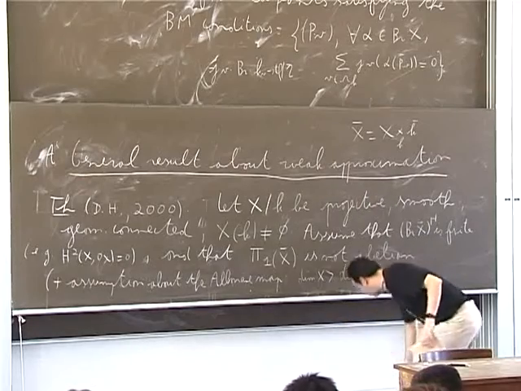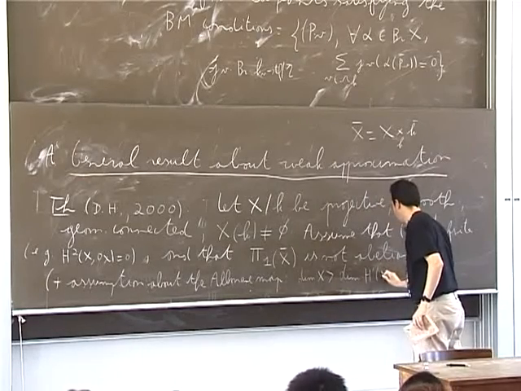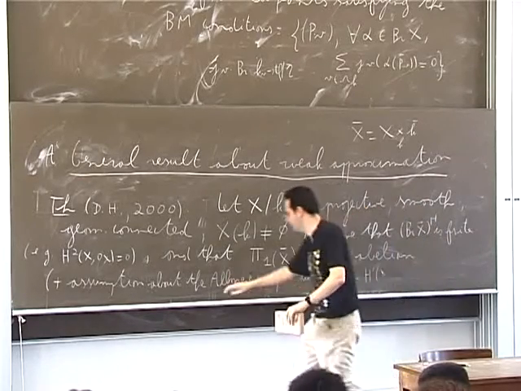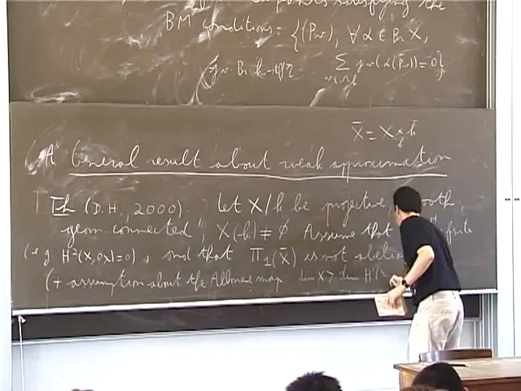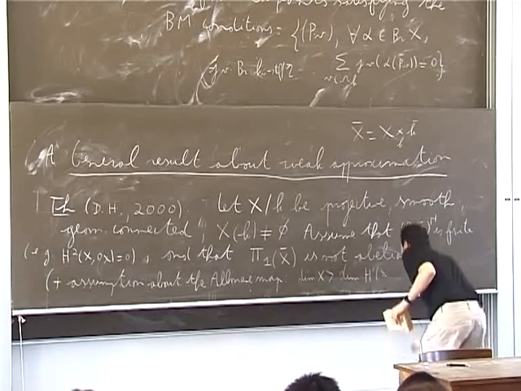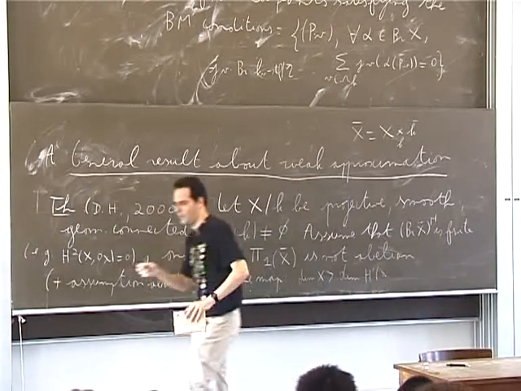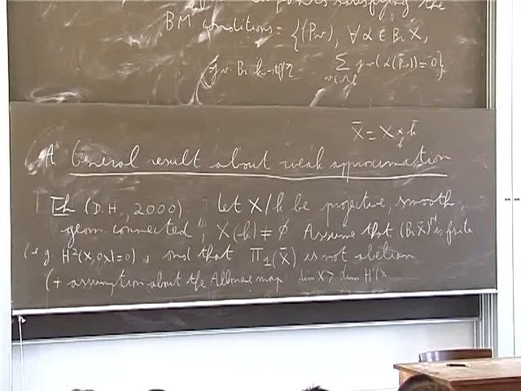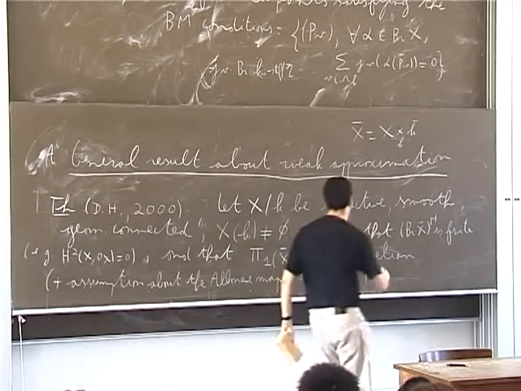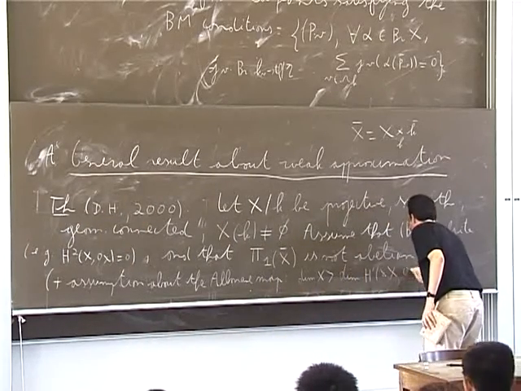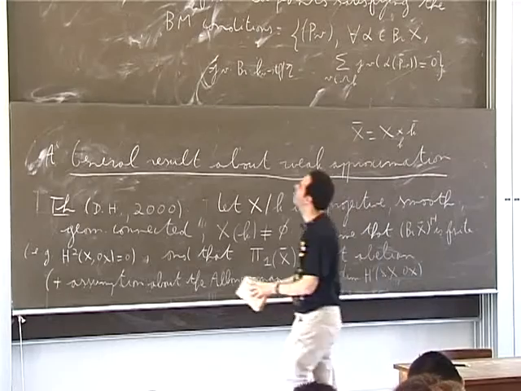I'm going to explain why. So the dimension of H1 of X, O_X. So these are the assumptions.